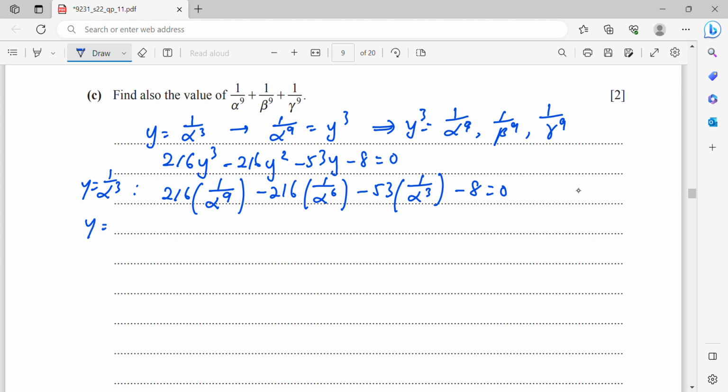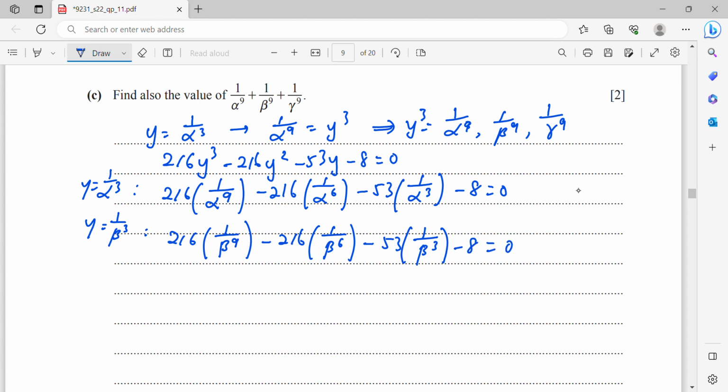So when y equals 1 over beta cube, I'm getting 216 times 1 over beta degree 9, minus 216 times 1 over beta degree 6, then minus 53 times 1 over beta degree 3, minus 8 equals 0.